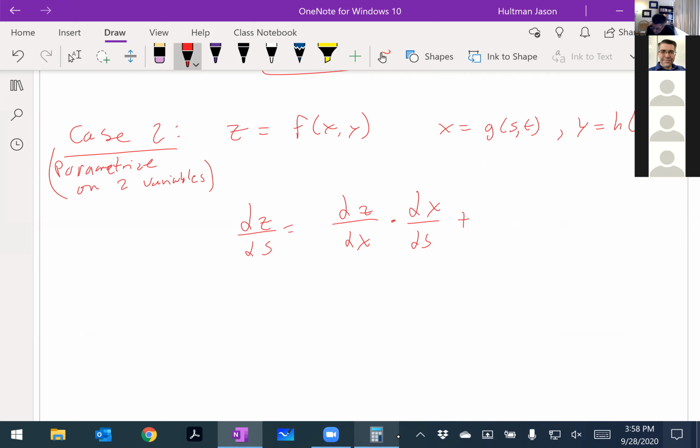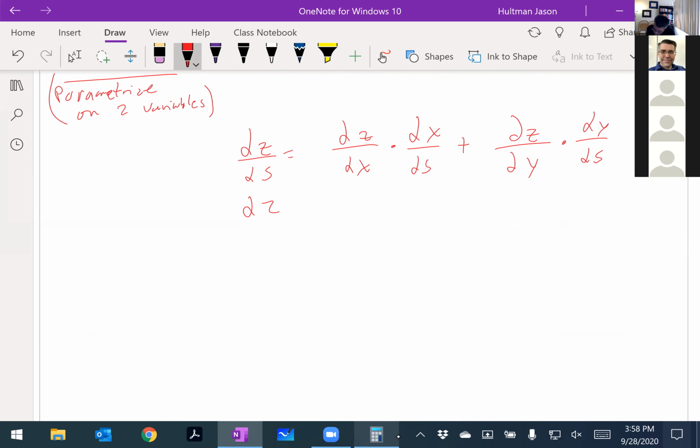So we're just going to break up the y with respect to s now. So this is the partial of z with respect to y times the partial of y with respect to s.